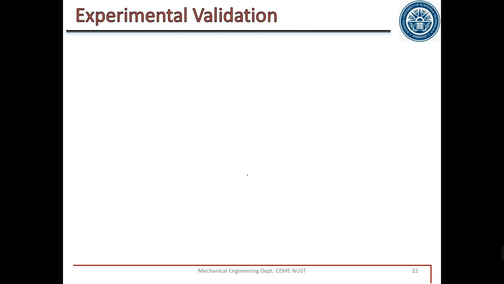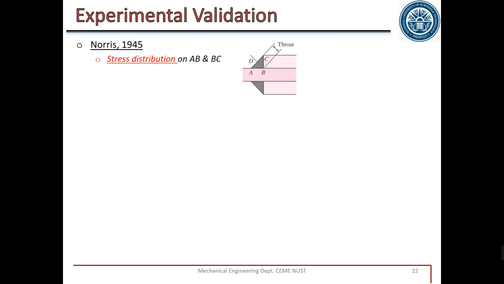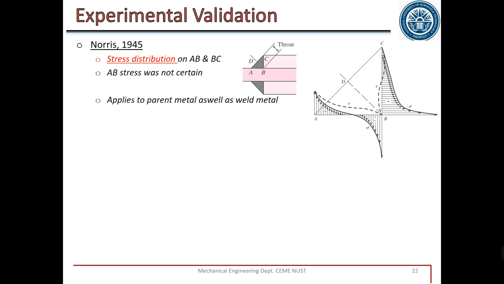For this we have to see what other people have done, because there is no direct relationship between the actual behavior of the material and mathematical models. So we go to the actual experimental data by some researchers.